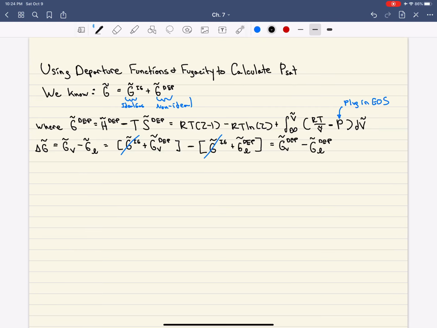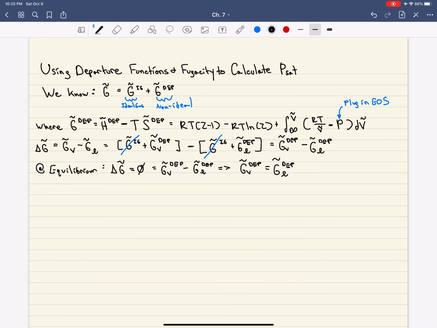And if we apply our equilibrium criteria, we know that delta G at equilibrium is equal to 0. And if delta G is just equal to G V departure minus G L departure, that means that at equilibrium, the departure function for the vapor phase is equal to the departure function for the liquid phase.